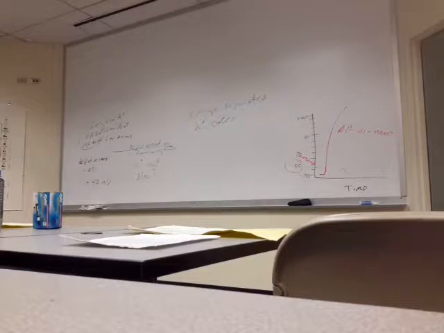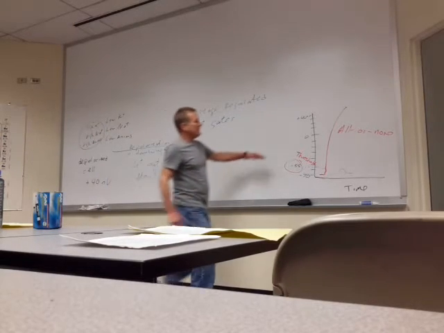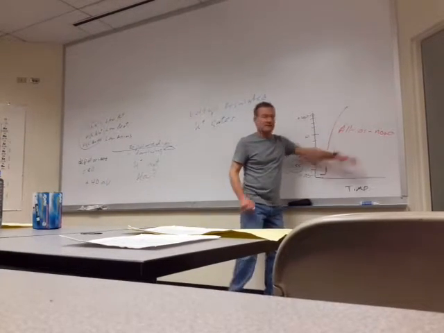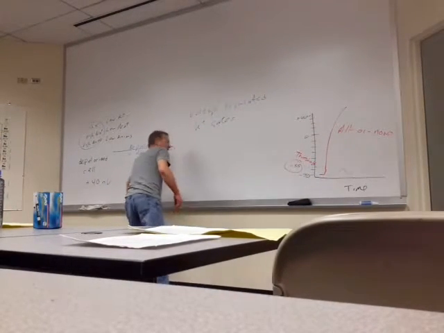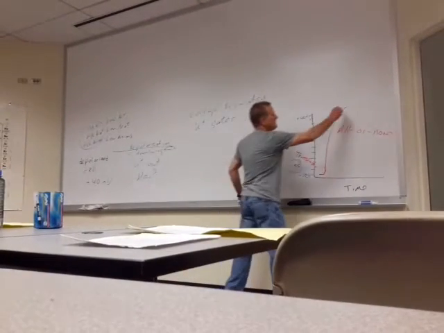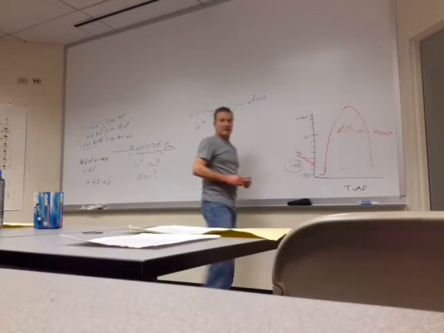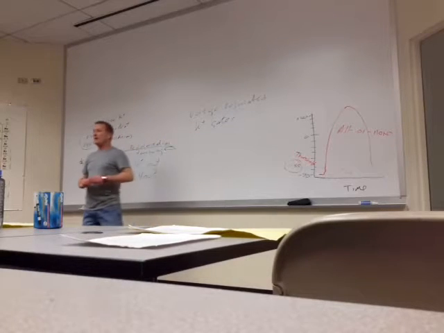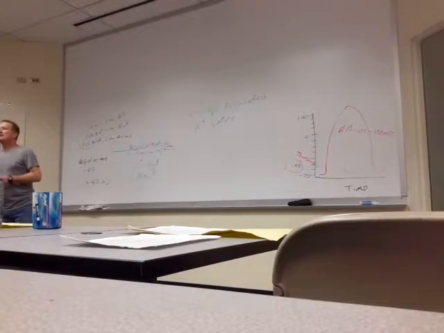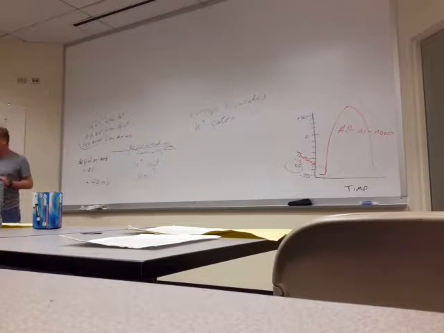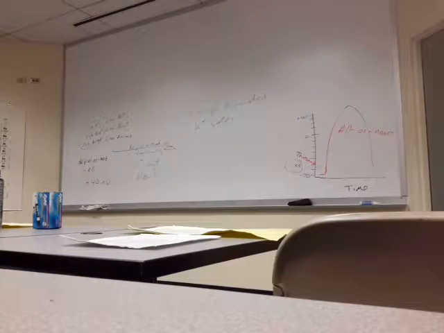We've already reached threshold. There is no threshold on the downswing side. So if depolarization occurs, repolarization occurs. So the all or none doesn't pertain to just depolarization, it pertains to the action potential.